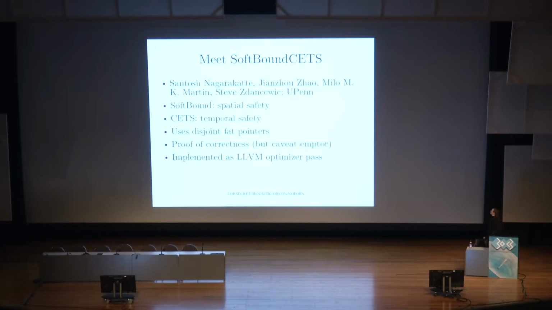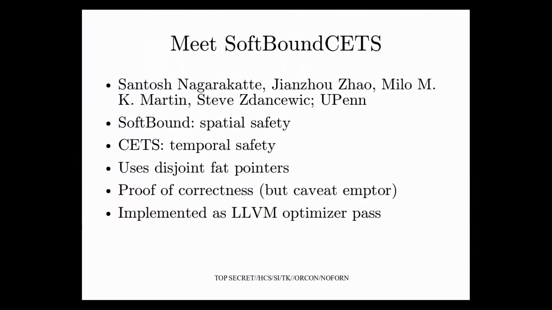So enter SoftBound CETS. One noticeable thing about academia, they get naming of software even worse than hackers do. It's called SoftBound CETS, SoftBound because they had a HardBound project before, where they researched hardware support for checking every pointer access for bounds violations, and SoftBound was the implementation of the same algorithm in software.